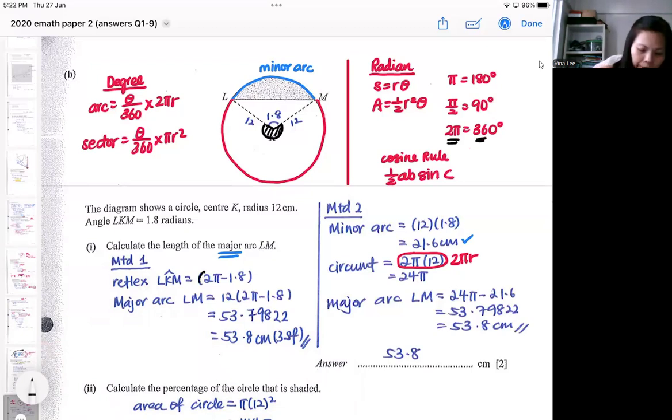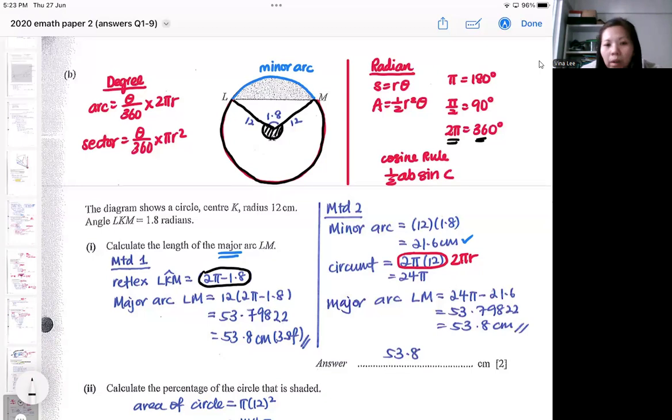So you get the reflex angle first, and then you apply r theta on the reflex angle. So there are two ways of doing it. If you got the reflex angle, you continue with r theta. If you have found the minor arc, you can use the full circumference minus the minor arc. You will eventually get the same answer.